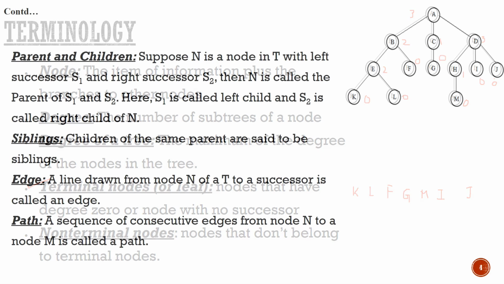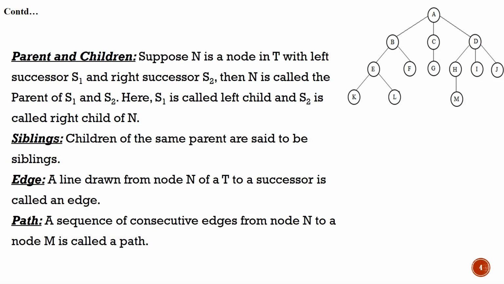To continue, next, parent and children. Let me take one simple example: Amitabh Bachchan. Let me take him as a node. He has two children. One is Abhishek Bachchan.